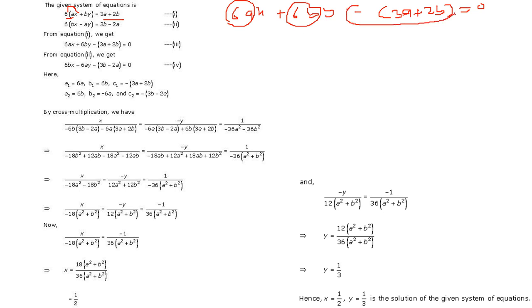When you multiply 6 here, so 6bx minus 6ay, then bring this on the left hand side. So minus 3b minus 2a. So this is your a2, b2 and c2. So these are the values. Just do the cross multiplication and x will be your half, y will be equal to 1 by 3.